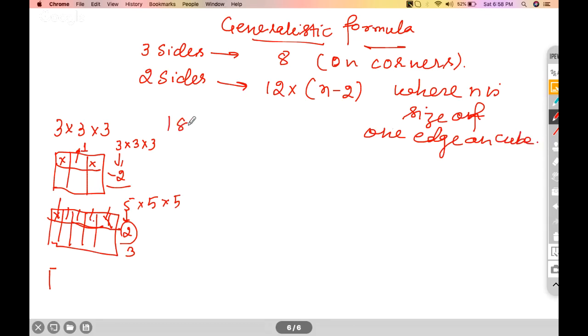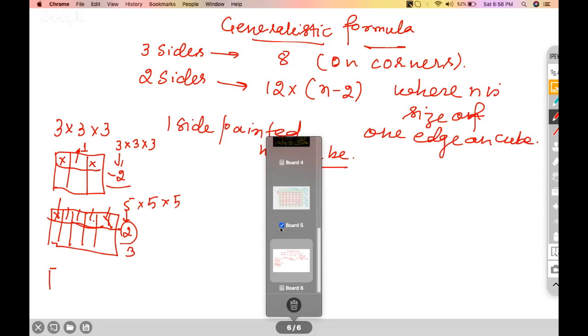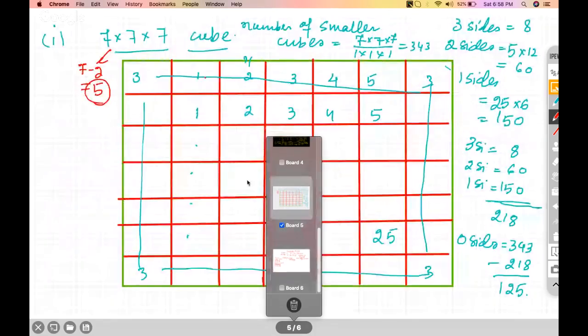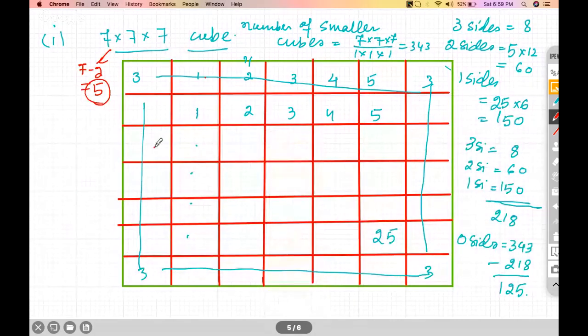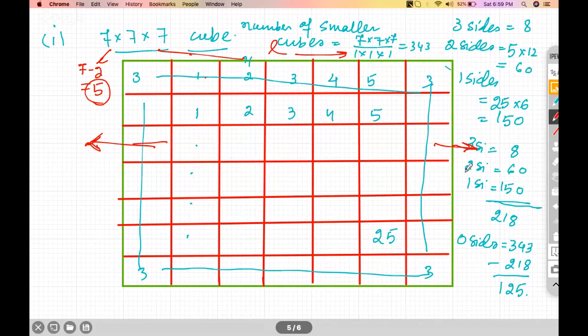Now one side painted would be, look here, again I'm going back to the previous one. If this is 7 into 7, from one side I am removing this, from this side I am removing 1. So from length, I am removing 2, so length L becomes n minus 2.